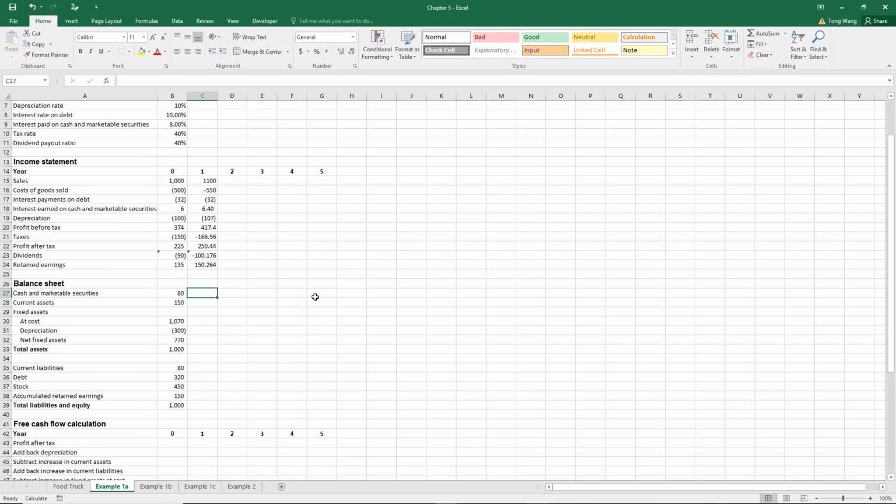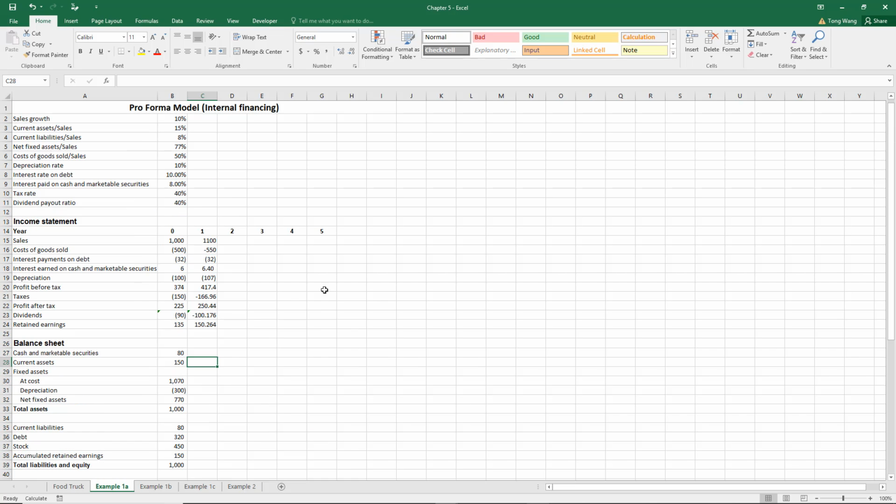Okay, now let's look at our balance sheet. So current asset is assumed to be equal to 15% of sales. Fixed asset at cost is going to be equal to, basically, if you look at the year zero number, the gross fixed asset, the top line, should be equal to this number here plus this number here, right?